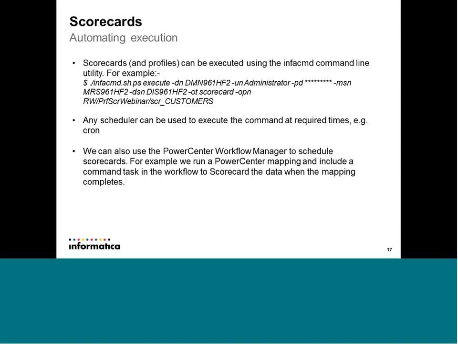When that completes, you could then let that feed into a command task in your workflow, which would then run the scorecard to go back and check the metrics on that data and have all that published up. So you can actually tie it all into a single workflow. And that makes sure that as the mappings get run, you're getting your feedback on the actual scores and metrics immediately as well. So it's all tied together at the same time.